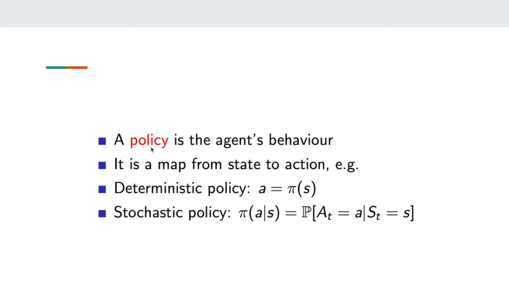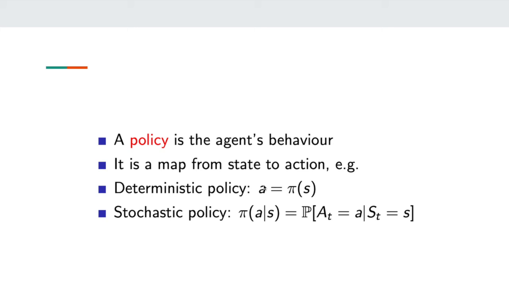Okay, so the policy basically defines an agent's behavior, right? And so we usually define this using the letter pi for policy, and given some state, policies can either be deterministic or stochastic. What this means is, for deterministic, given some state, it always maps to some action, right?